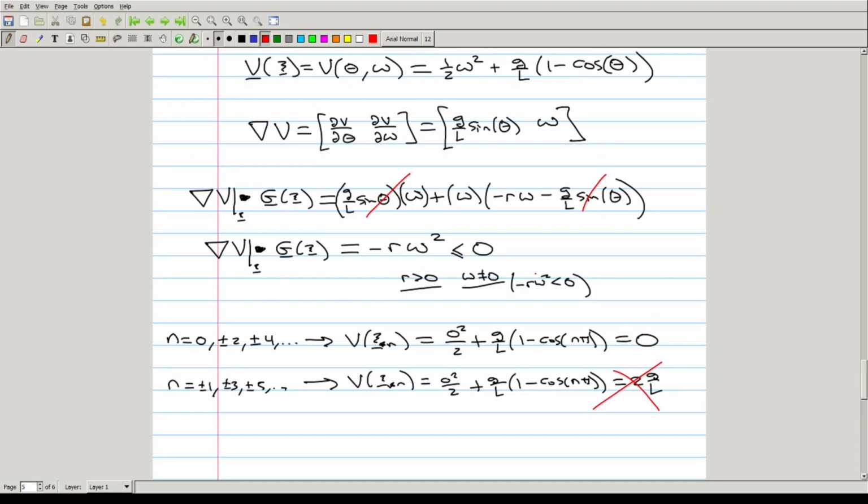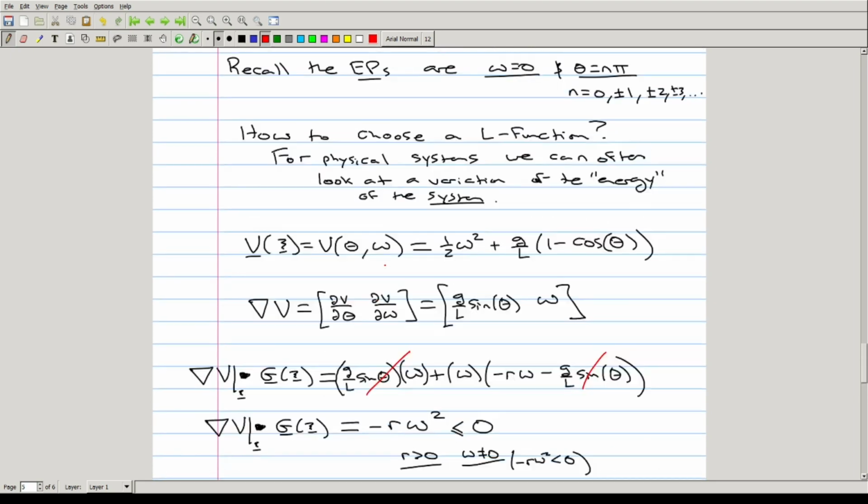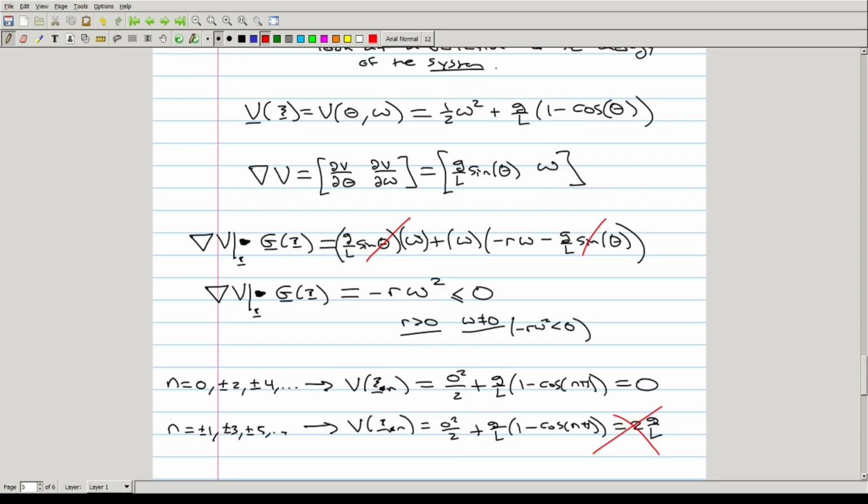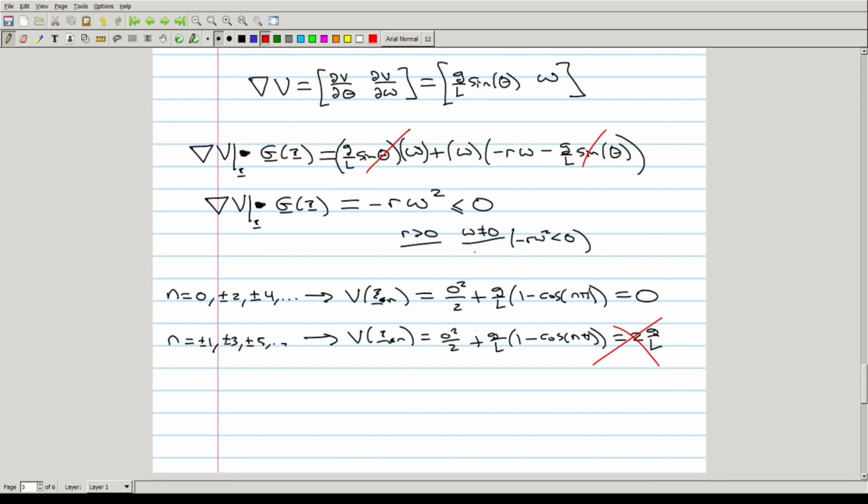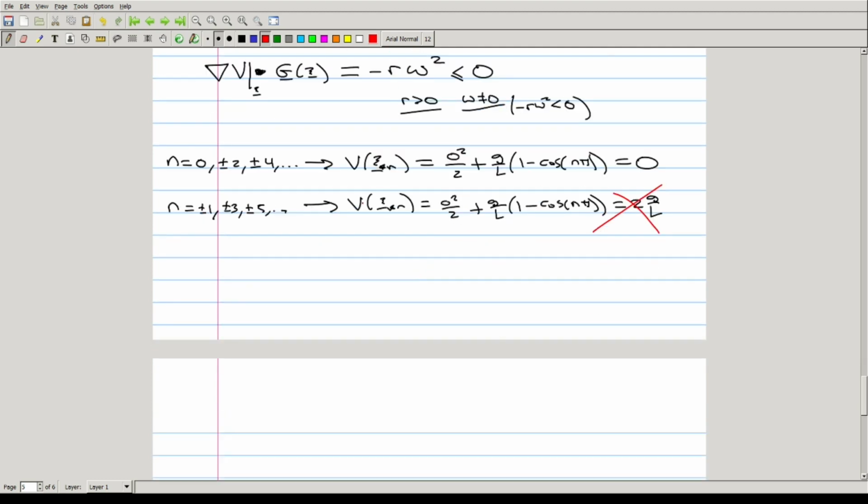But this guarantees for us that these equilibrium points for the even values of n are in fact going to be at least stable. But we have a little bit of an issue here because omega could equal 0, in which case this value right here is equal to 0. So this only guarantees for us stability.